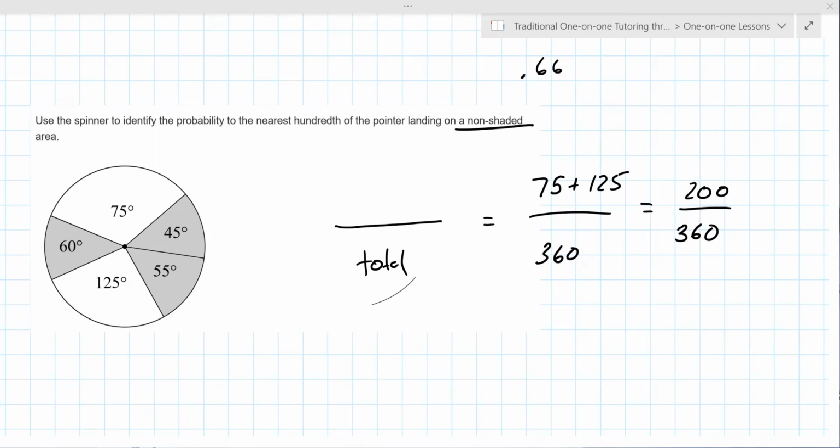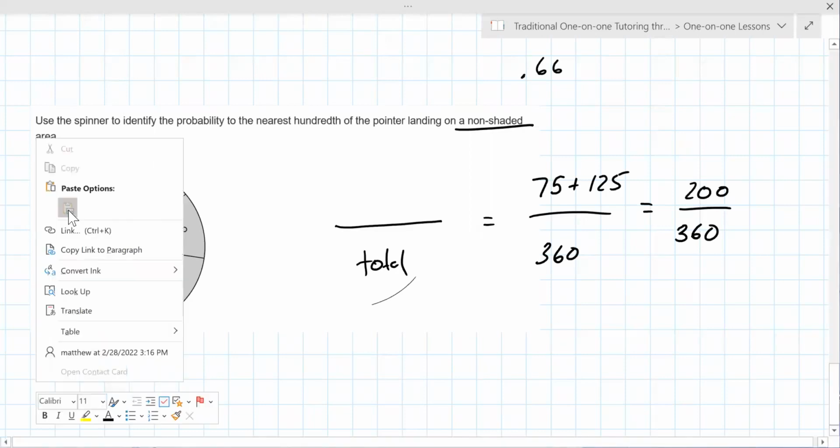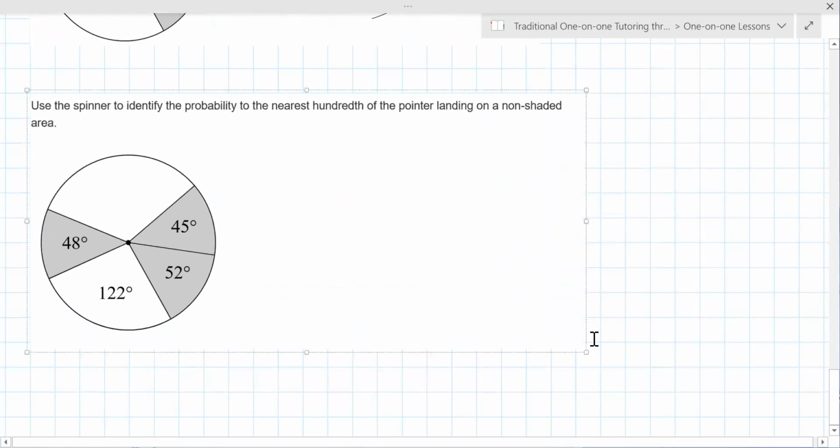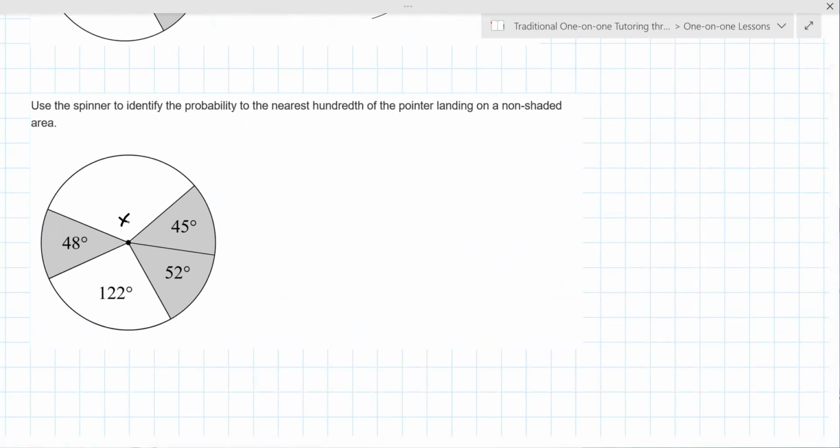Okay, let's look at the next one here. Oh, same thing. This is actually like the first one, where you do have to find that missing area. So the steps here are to first find X. So we know it's 360.